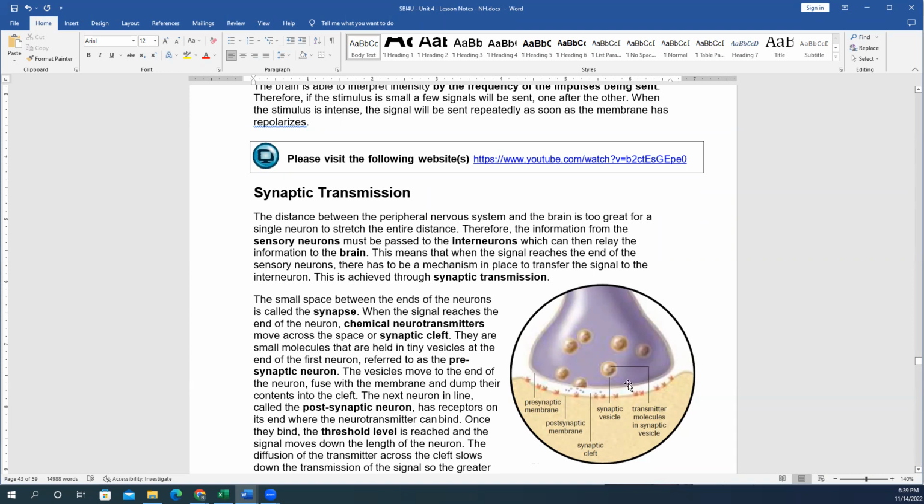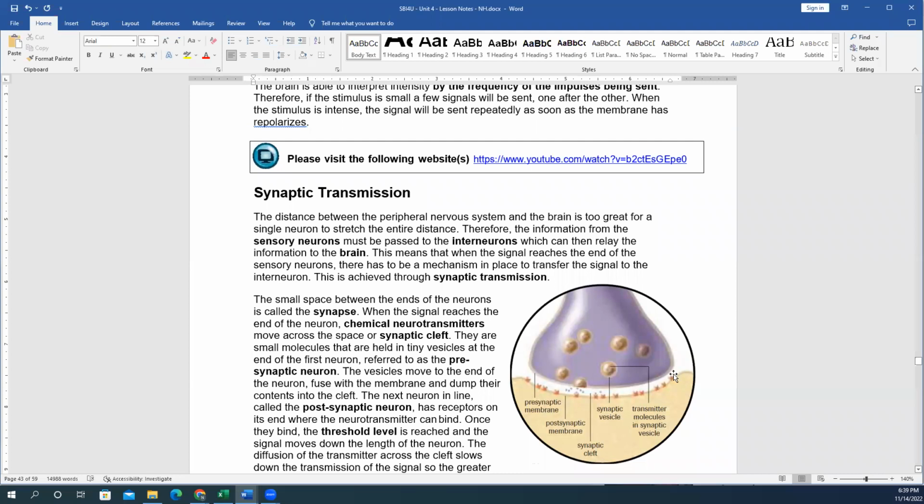In synaptic transmission, there is a very, very small space between the ends of the neurons called a synapse. When the signal reaches the end of the neuron, chemical neurotransmitters move across this space, also called the synaptic cleft.